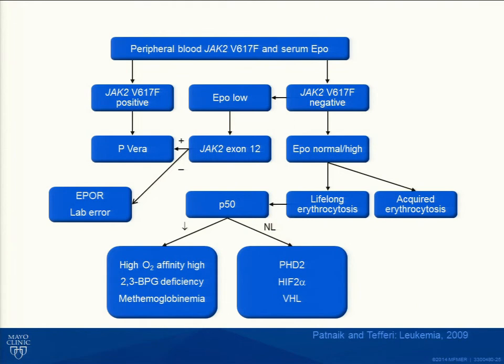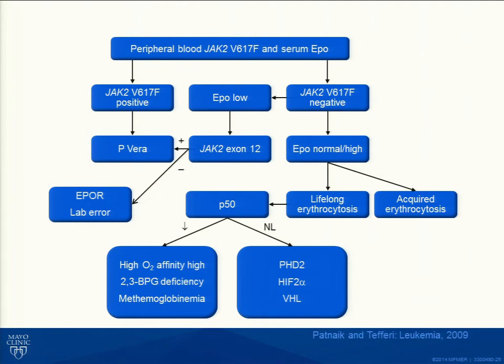And the reason for this is even though the history may suggest strongly that it's a congenital or hereditary cause, our input is that virtually all clinicians still would like to rule out the possibility of P-Vera given its clinical implications. And also, by the time the testing gets to my laboratory, this has usually been done.